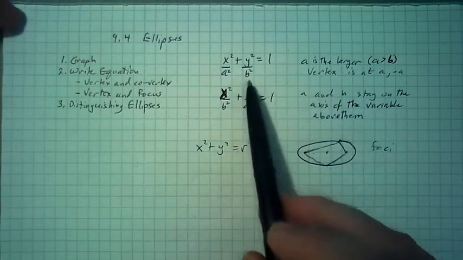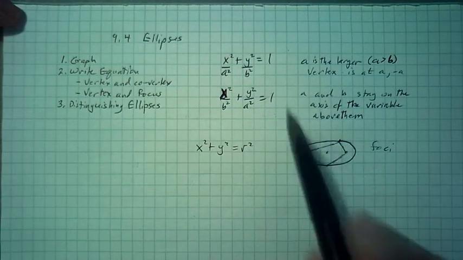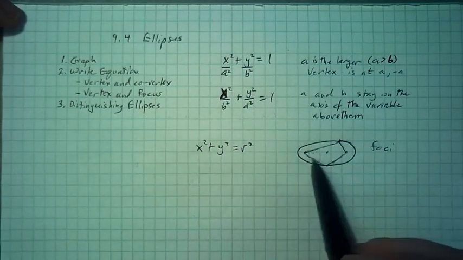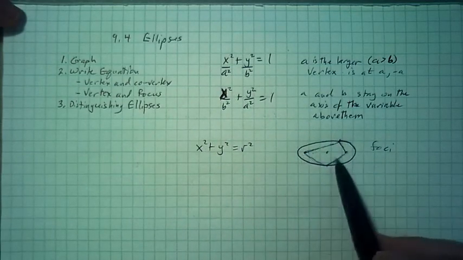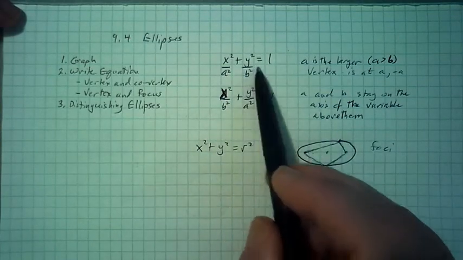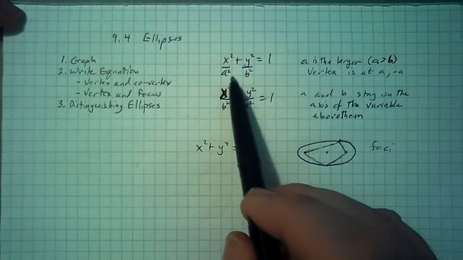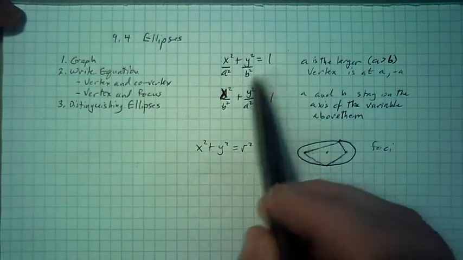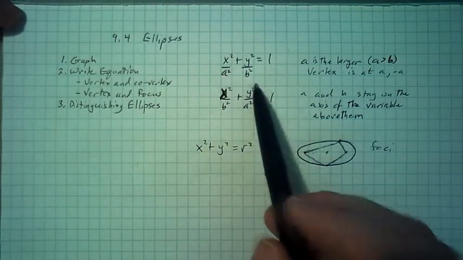Okay, so in order to figure out what's going on with the ellipse, because the horizontal and the vertical axes are not the same, we're going to end up with these fractions, because instead of the r squared being on the other side, it's going to be underneath the x and the y respectively.